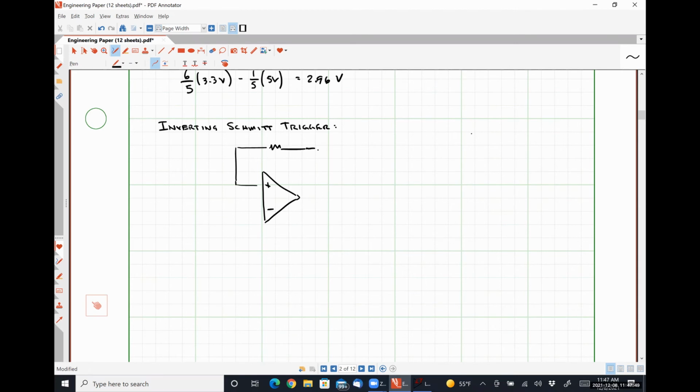We'll have our feedback resistor R2 that connects the non-inverting input to the output. We'll have our resistor R1 out here. This is where the Vref will be applied. The Vn will be applied directly to the inverting input terminal.